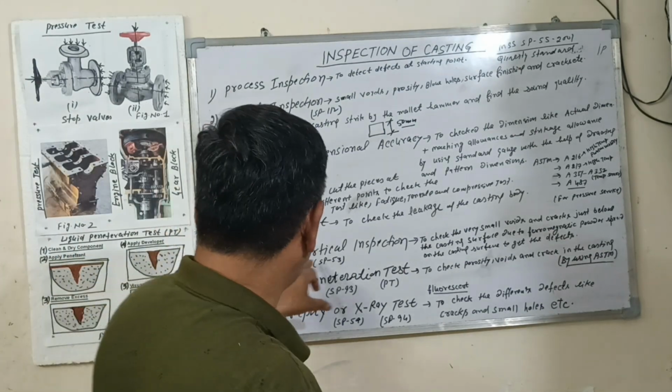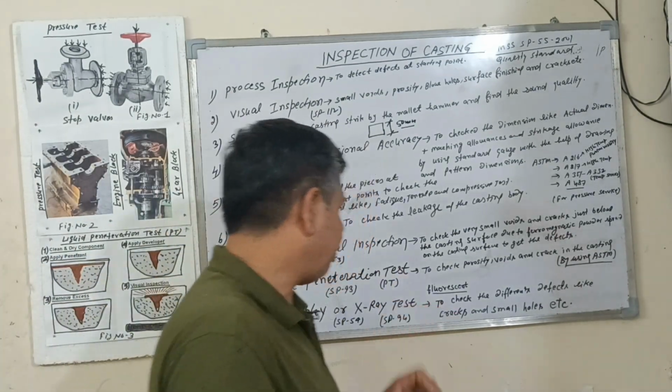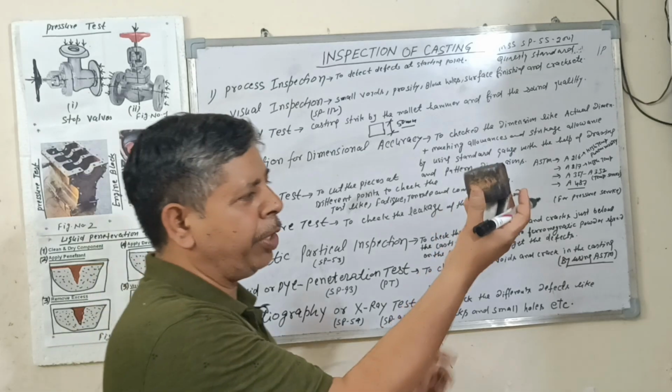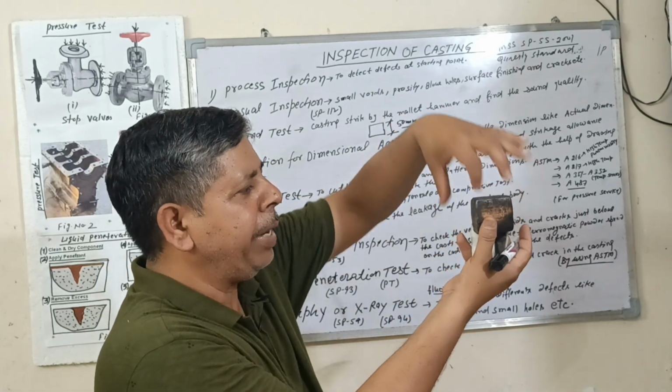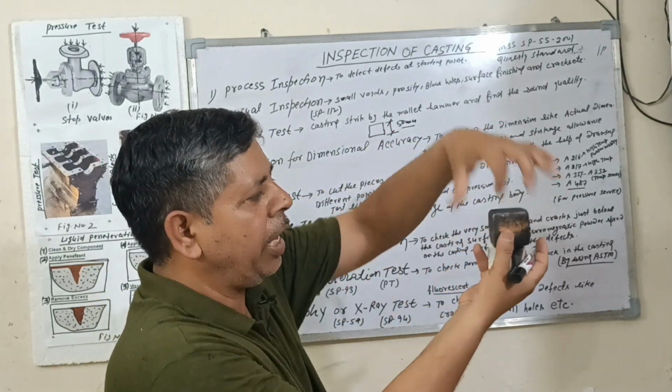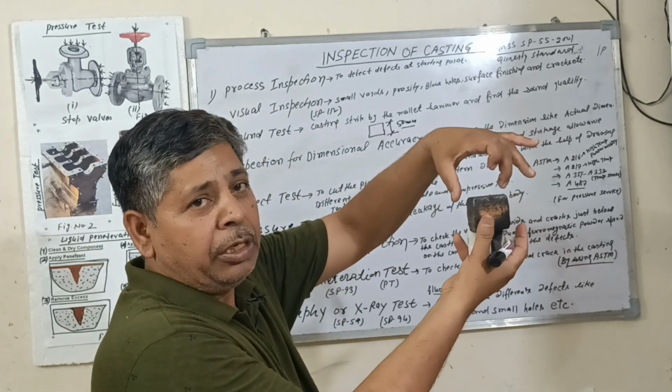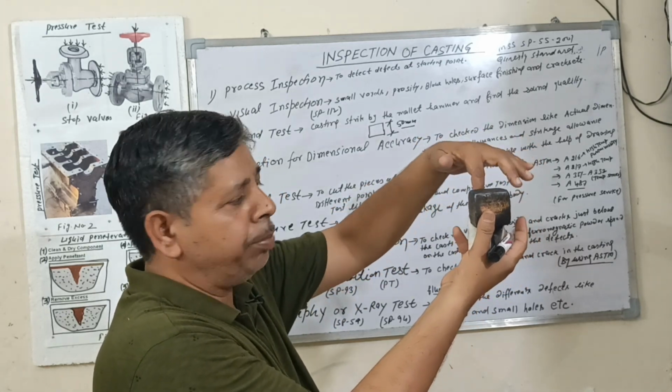7 number is magnetic particle inspection. Magnetic particle inspection means the component is placed between two magnets. The magnetic flux is passed from here to here.